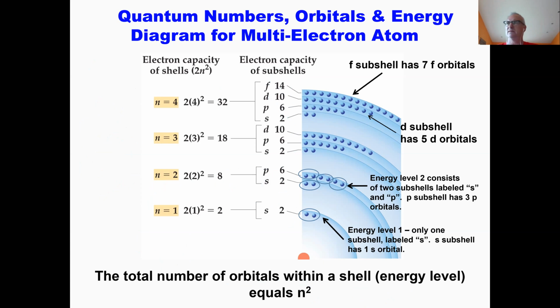I think I mentioned a class or 2 ago, as we make more and more elements, there may be like a G subshell or an H subshell, but we haven't got there yet. We'd have to make some element that's really big that has 180 electrons in it or something, and see how it's organized. But right now we haven't found an element that requires any more.